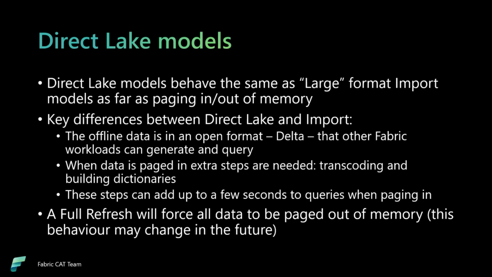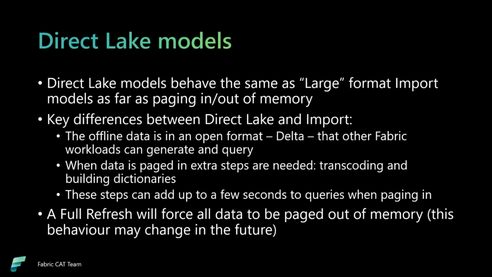Because a Delta table doesn't have all of the things that the VertiPaq engine likes to have in memory, extra things need to happen when the Direct Lake model, or bits of it, are paged into memory. There is something called transcoding, where we take the format it's stored in the Delta table and turn it into the VertiPaq in-memory format.